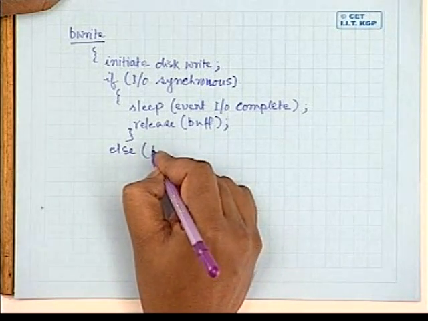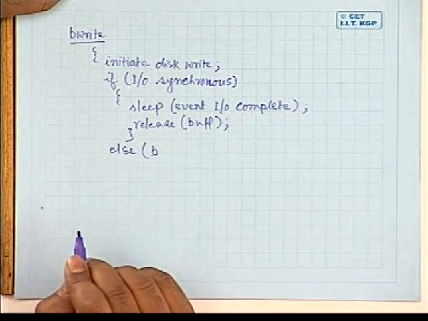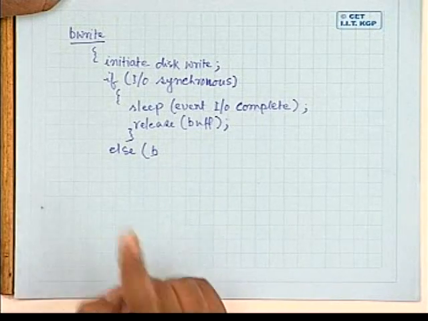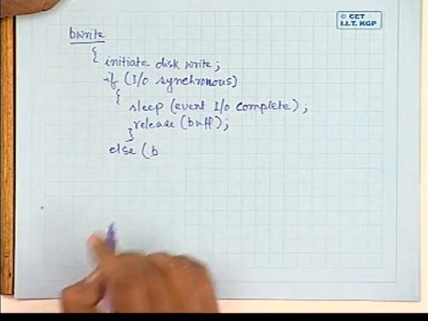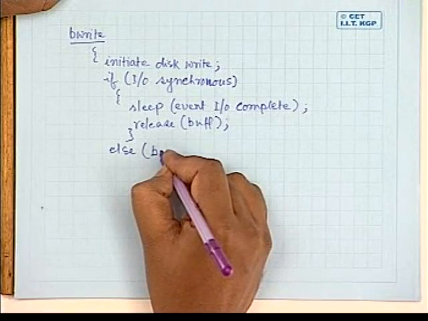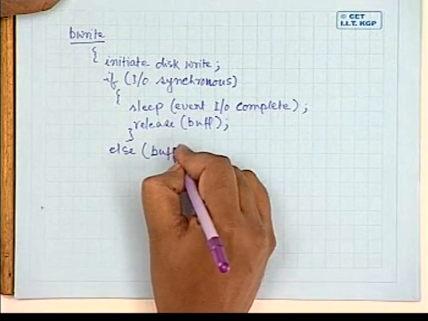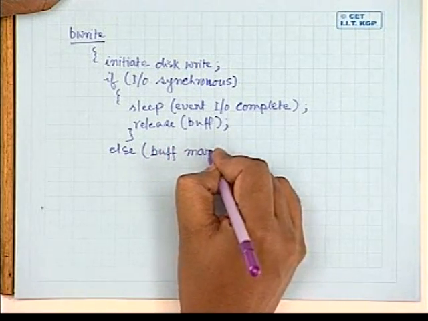Now, if this IO operation is not synchronous, else, whether this write operation has been initiated because of a buffer being marked as delayed write. So in that case, you check whether the buffer was marked as delayed write.